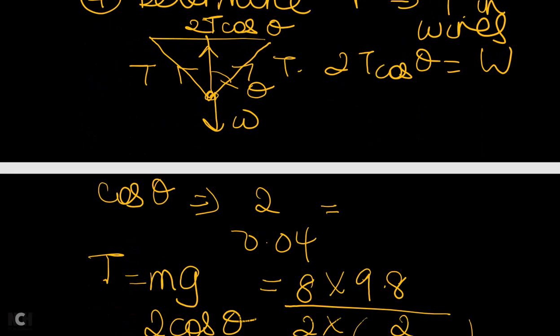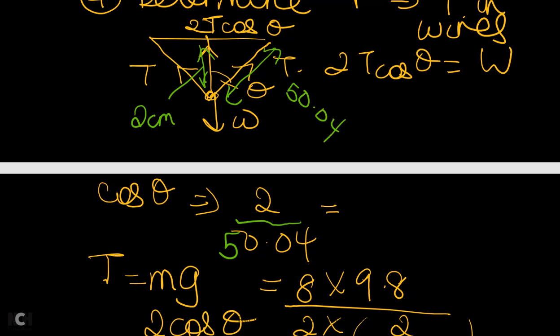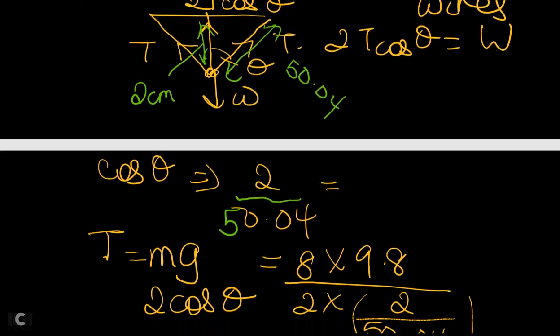I, of course, had the angle now. I found it by 2 over BC, because remember the height of the triangle here was 2 centimeters, and then the hypotenuse here was 50.04. So I could have found cos of my angle.